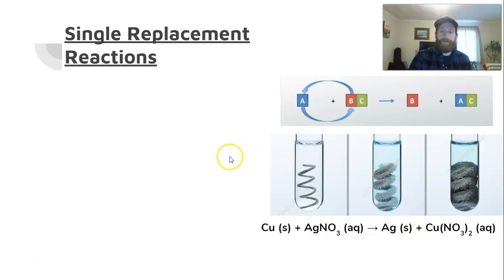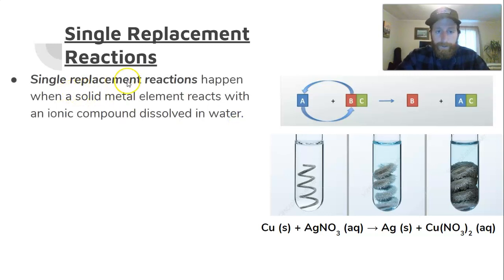The PD section throws at you a more challenging type of reaction. Last week, or last assignment, we talked about synthesis reactions. Now we're going to talk about single replacement reactions. Single replacement reactions happen when a solid metal element reacts with an ionic compound dissolved in water.